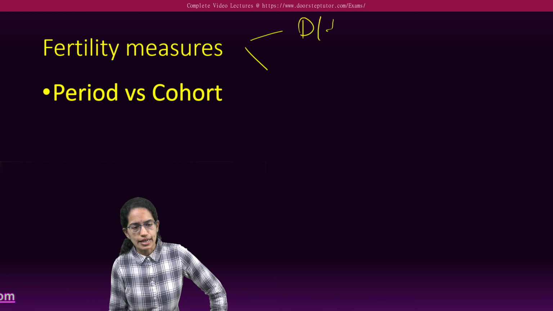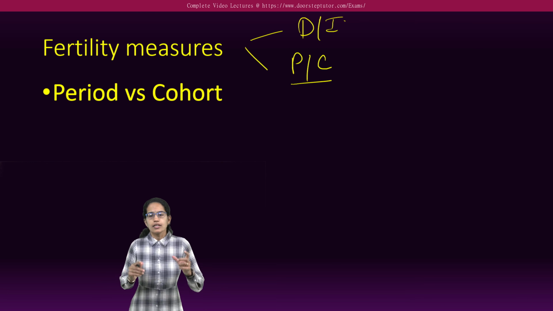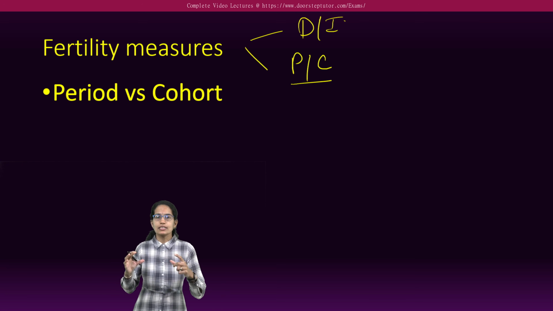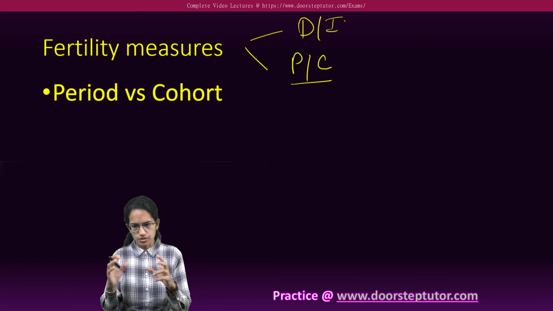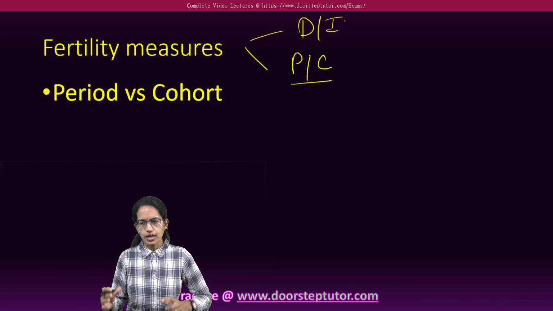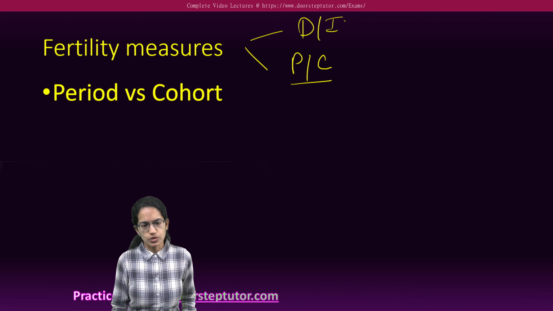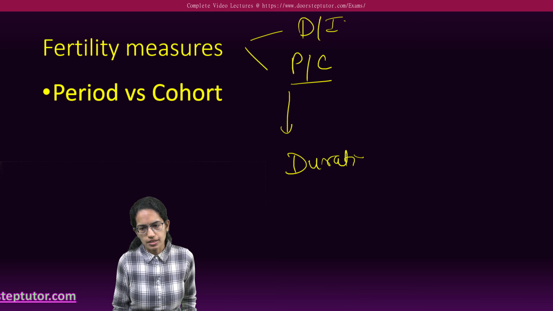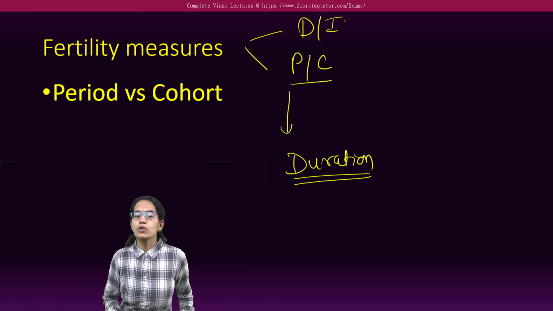One is the direct-indirect method. The second is the period or the cohort method. Period simply says that during this duration, how many births took place. So a duration is taken into account when we talk about period.